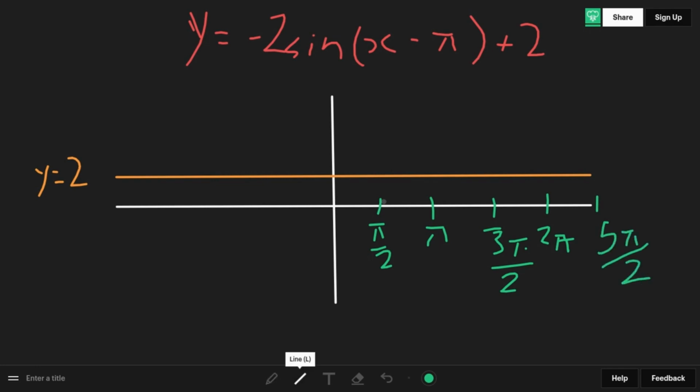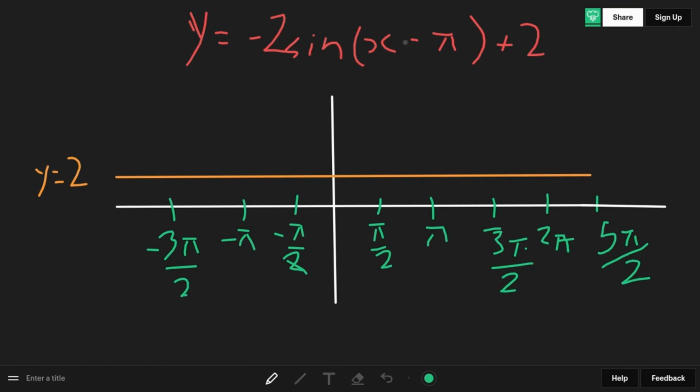So actually I'm going to extend this here, and you'll see why in a sec. And then I make some here: negative pi over 2, negative pi, negative 3 pi over 2.